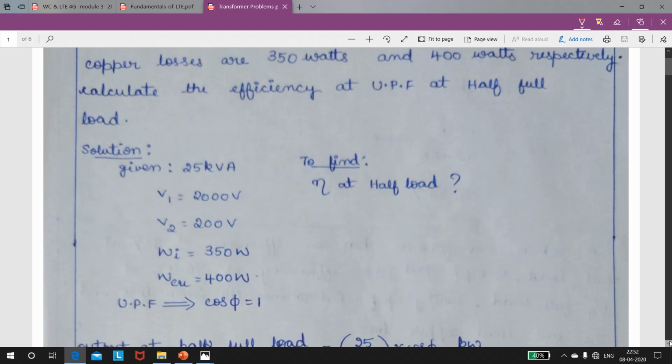So you have to calculate the efficiency. Now what is efficiency? Efficiency is equal to output by input.